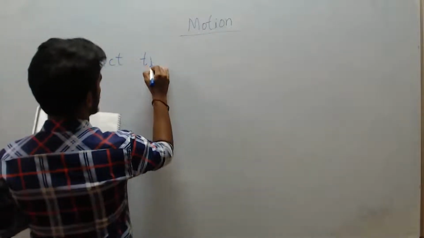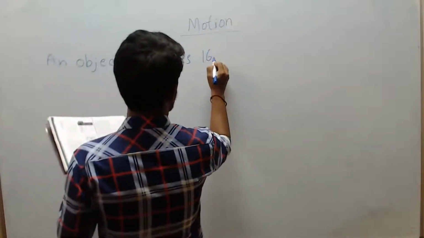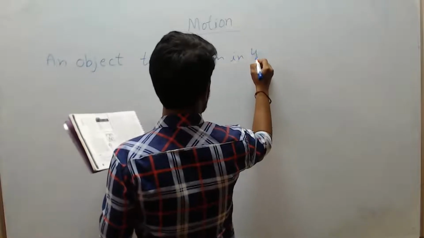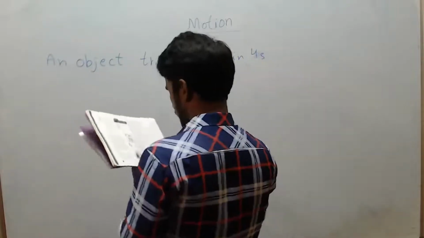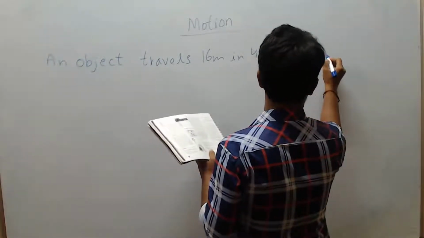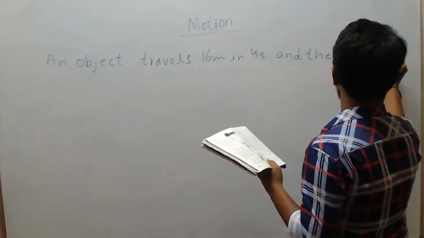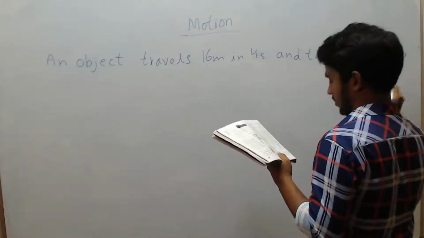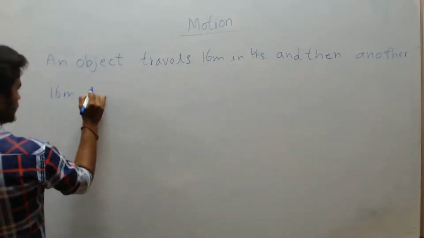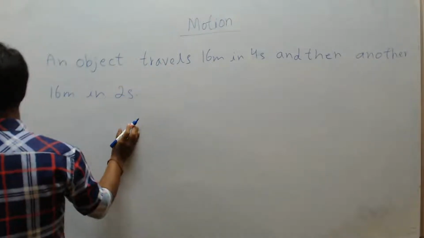An object travels 16 meter in 4 seconds, and then another 16 meter in 2 seconds.